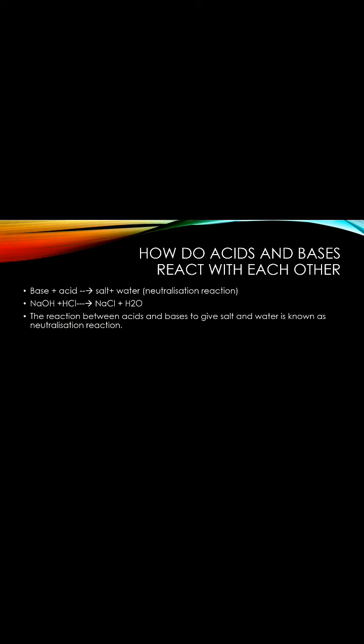So this kind of chemical reaction is known as a neutralization reaction. So what do you mean by the neutralization reaction? It is the reaction between an acid and a base to give you salt and water. Such reactions are known as neutralization reactions.